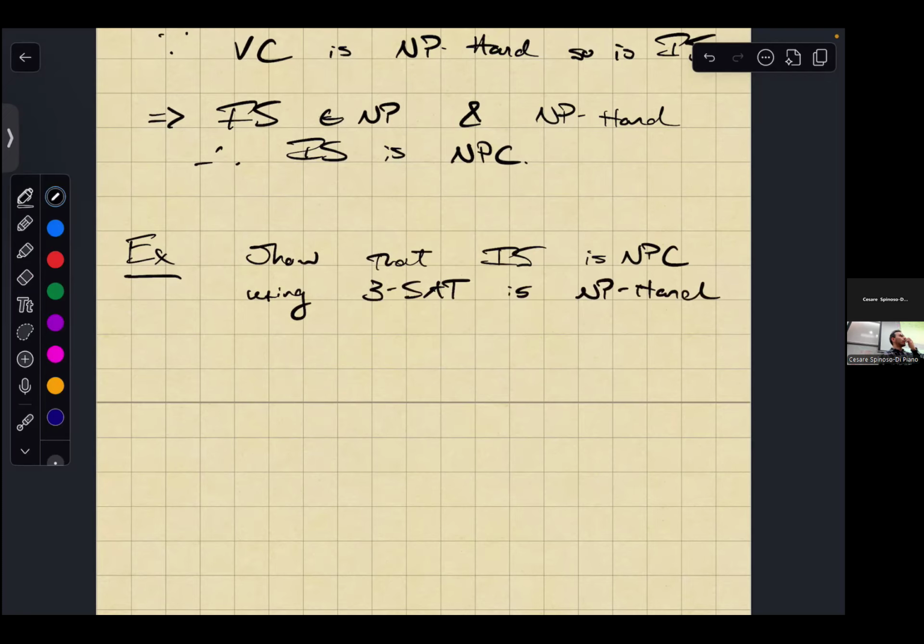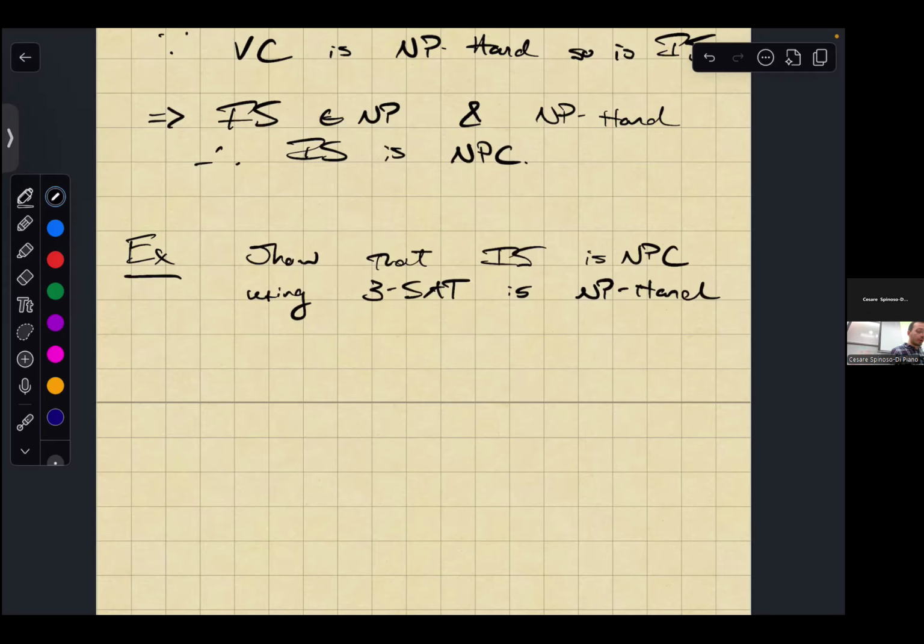So this first exercise I did was kind of nice because you had a graph to a graph. Now this one is going to be a little less nice because you have 3-SAT, which is not a graph, and you have to get it to a graph. So let's see how we're going to do this. The nice thing about this exercise is that I'm using independent set again, so I'm not going to re-explain what independent set is.